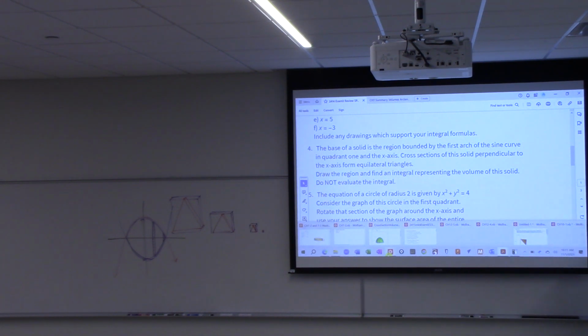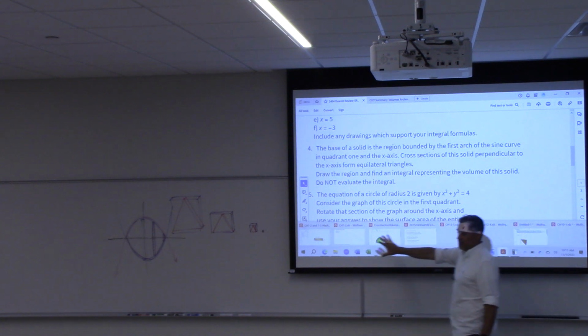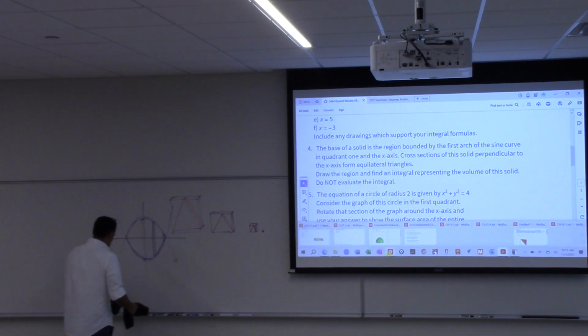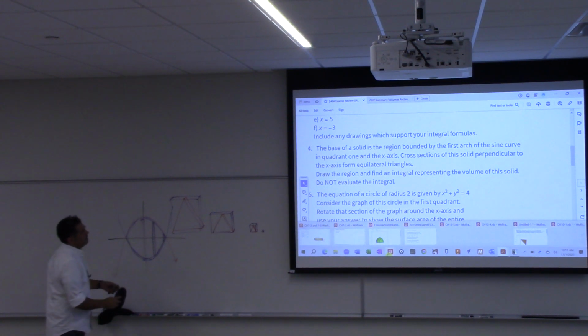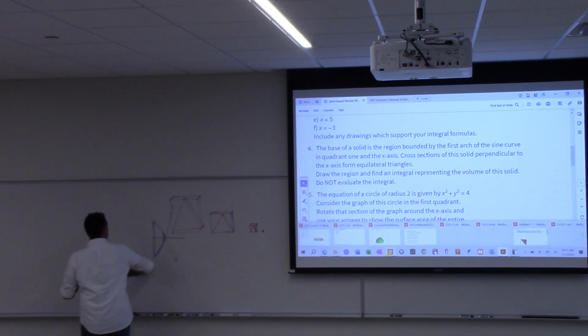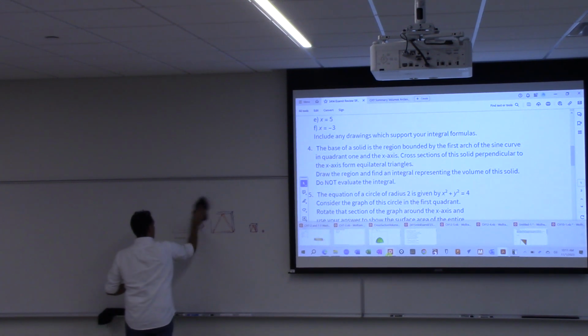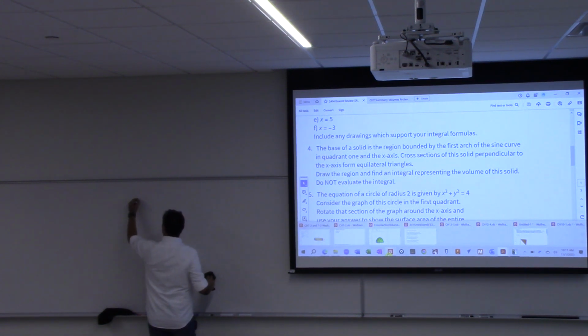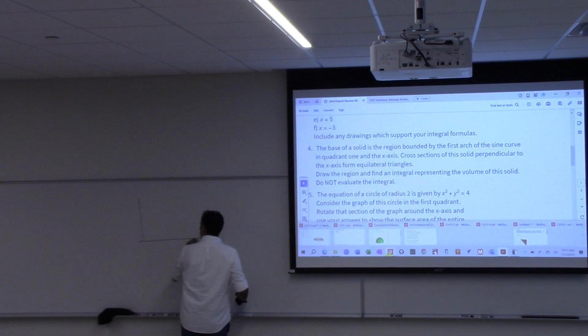All right. So I'm going to start off by trying to draw the base of the solid, right? This region right here, I need to draw that first, which is the region bounded by the first arc of the sine curve and the x-axis. So I'm going to do it kind of big here.